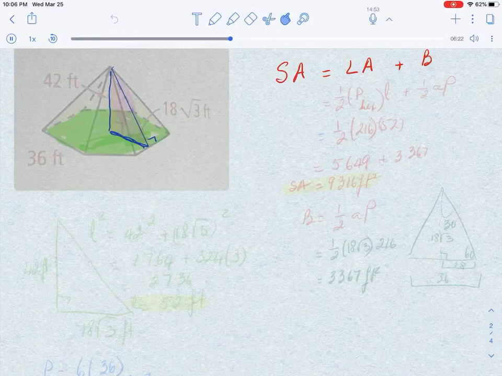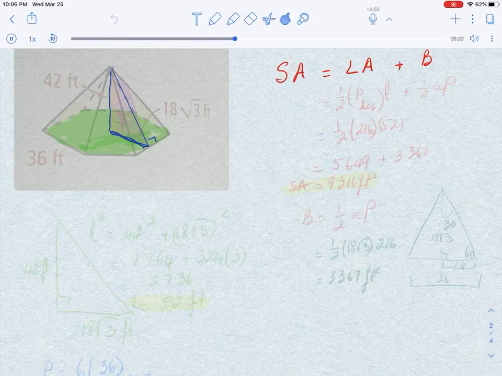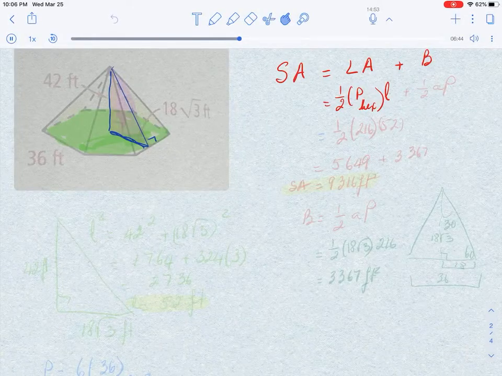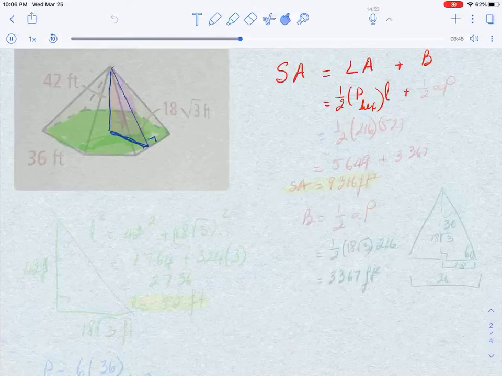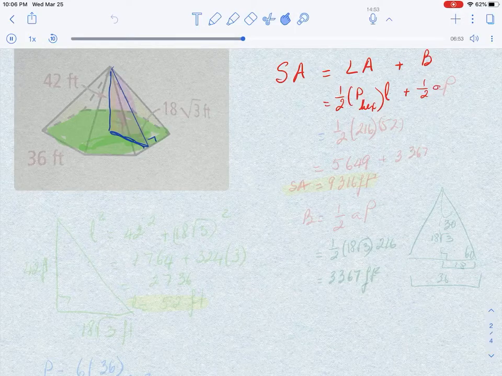My lateral, it is a hexagonal, so I'm looking at the perimeter of the hexagonal. So it is 1/2 the perimeter of the hexagonal, and then I'm looking at the slant height. And then the base is going to be 1/2 of the apothem.